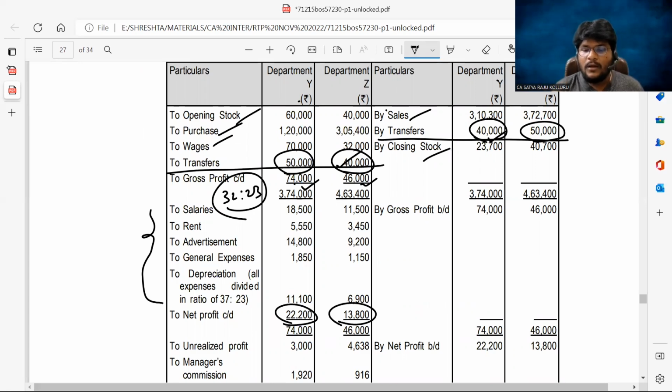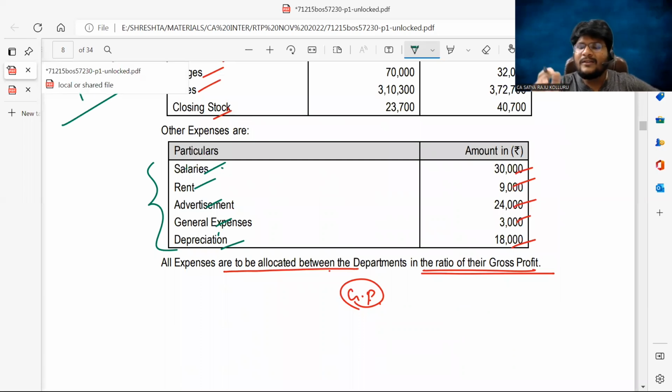One thing to remember: these net profits are before adjusting stock reserve. Till now, we have not adjusted any stock reserve. Now, to know the manager's commission, first you need to adjust the stock reserve. What is the meaning of stock reserve? Stock reserve is nothing but unrealized profit lying in the closing stock.